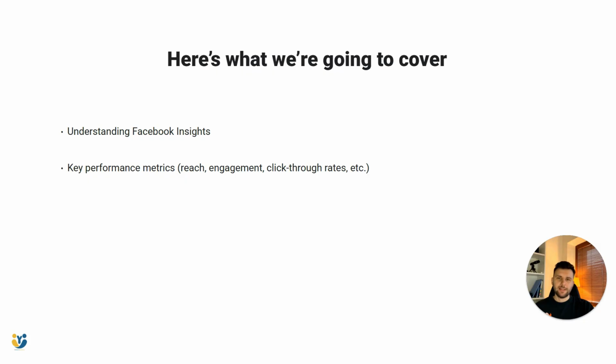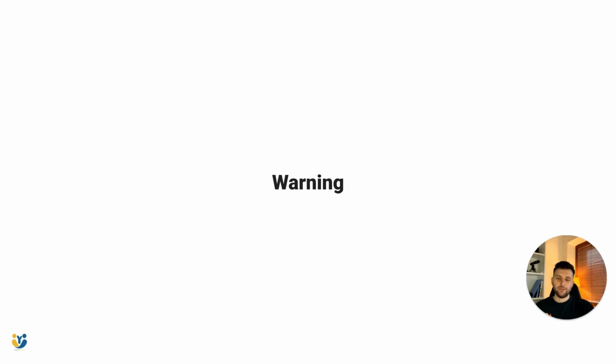But in this lesson, we are going to cover the entire set of key performance indicators, such as reach, engagement, click-through rates, stuff like that. Then I'm also going to show you tools for tracking ad performance and return on investment. And then I'll show you how to actually use analytics to get the best results possible.